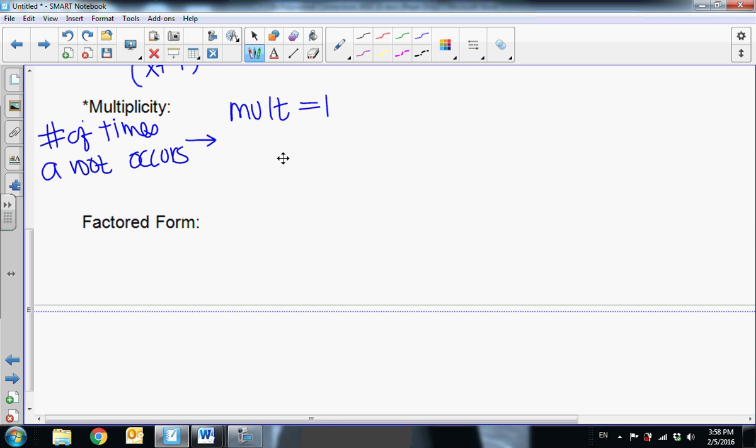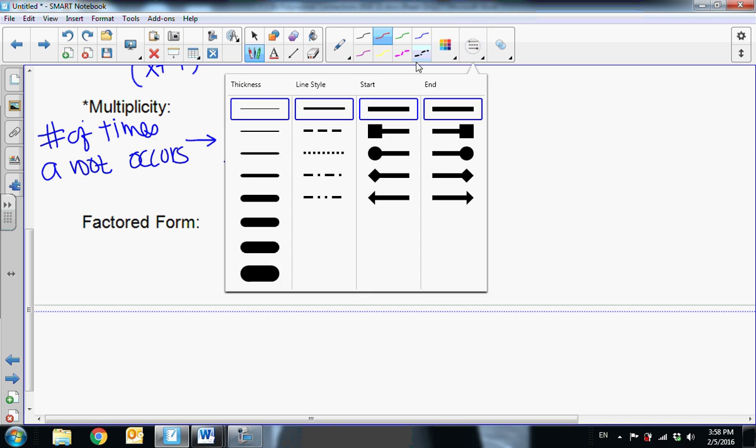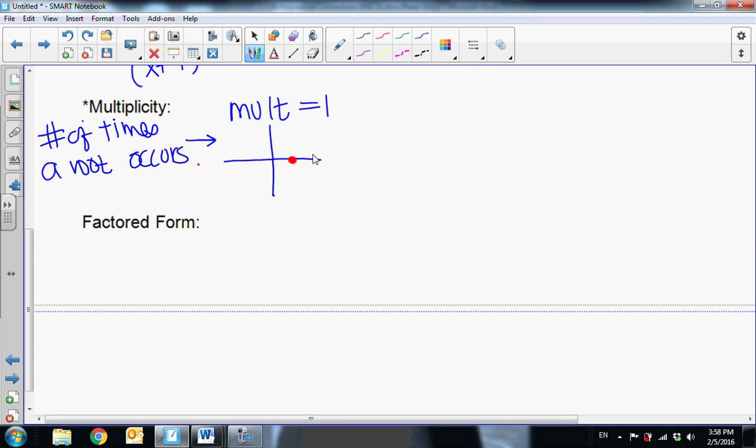Okay? Normally, it has a multiplicity of 1. So what that looks like is at our root, just like we normally do, we go through our graph at that root. So for a multiplicity of 1, we're always going to go across the x-axis.